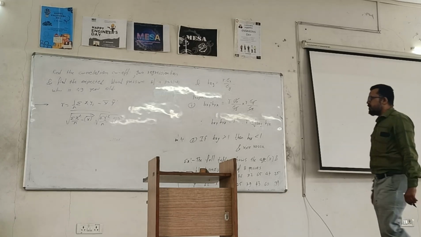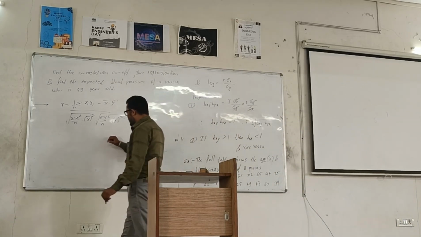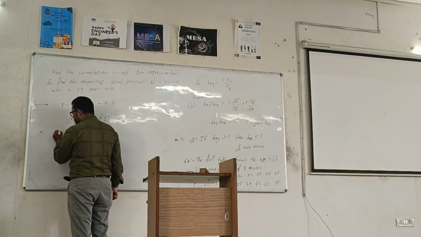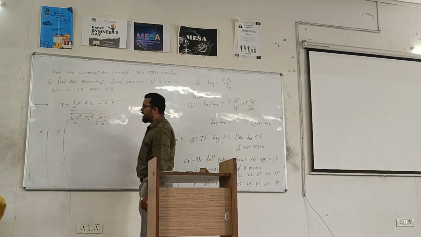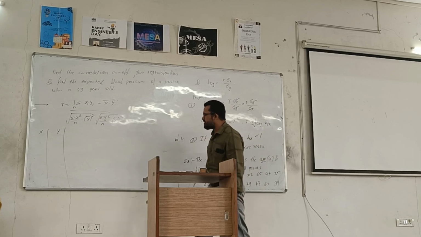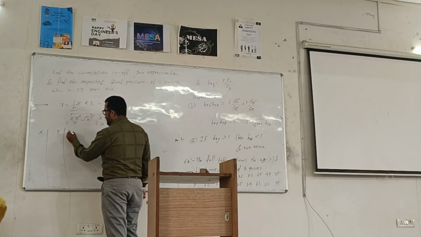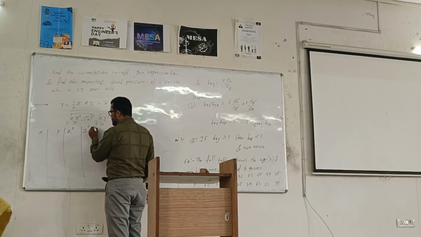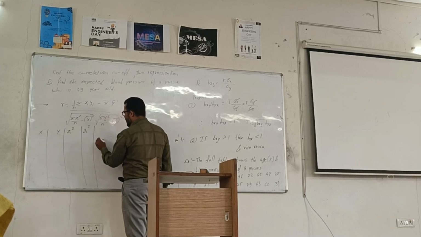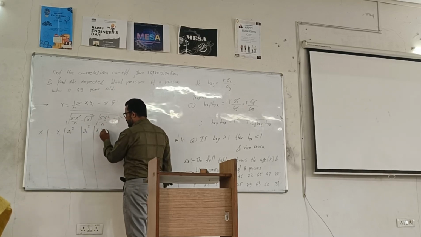Okay, so I need x value first, then value y. After that, I should take xi square, yi square. Also, I require xi yi.